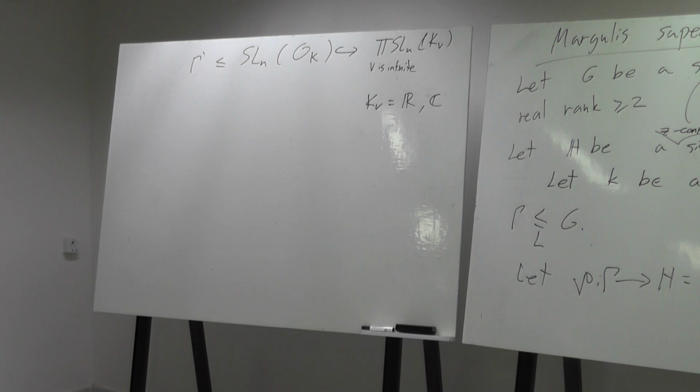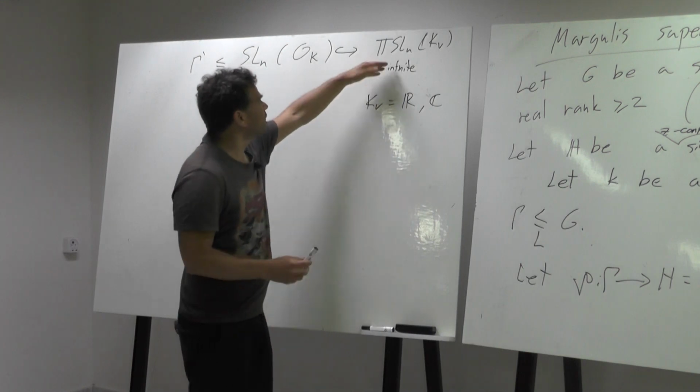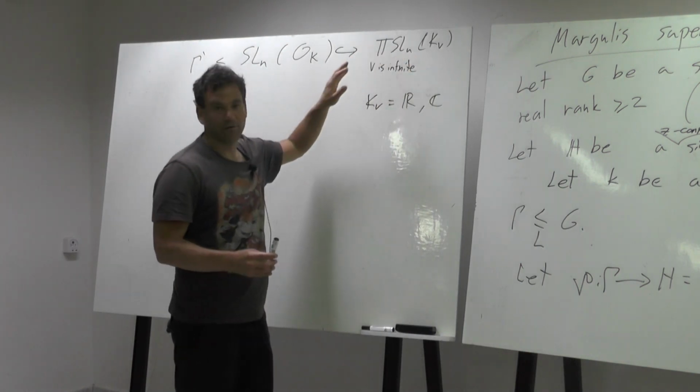I don't change the group. Just for simplicity, I take SL_N, and I have gamma, and I do the Galois automorphism. So this is a finite product of SL_N(R) and SL_N(C).